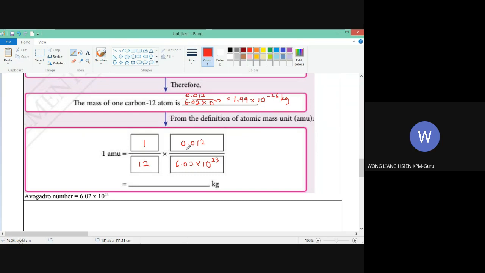Okay, so one atomic mass unit would be 1.66 times 10 to the power of negative 27 kilogram. So this is the mass of one atomic mass unit.